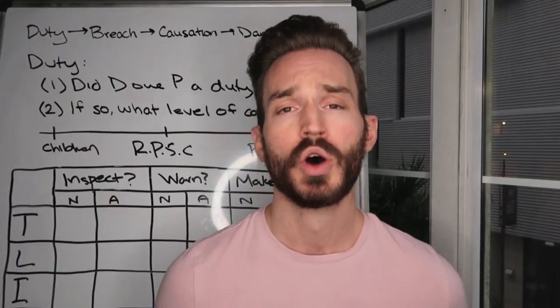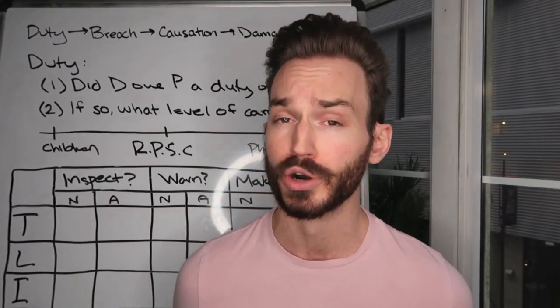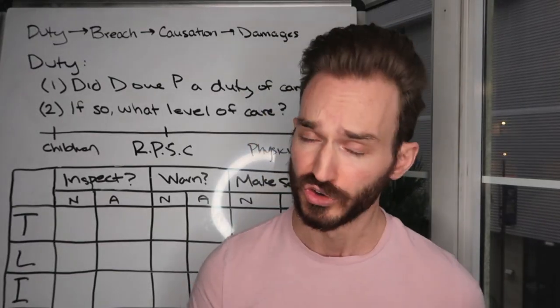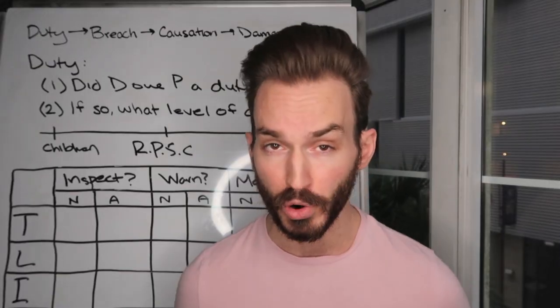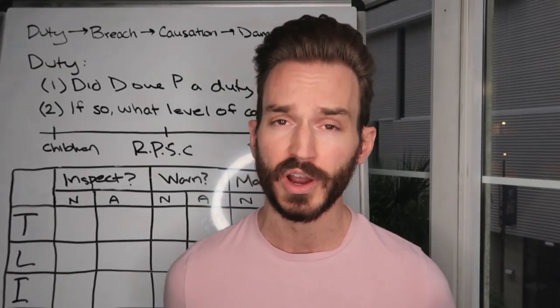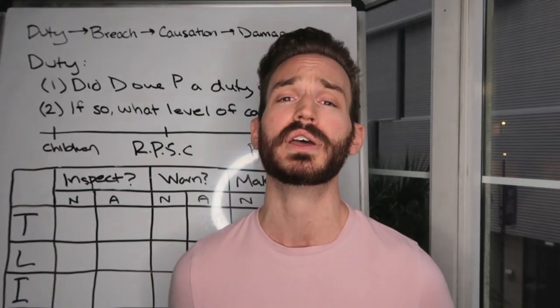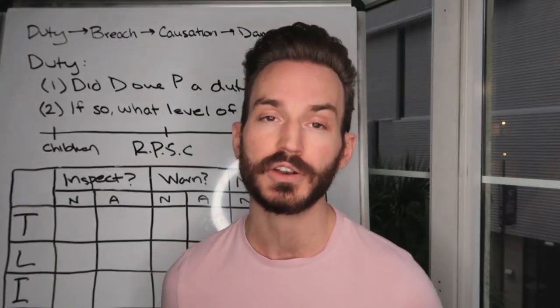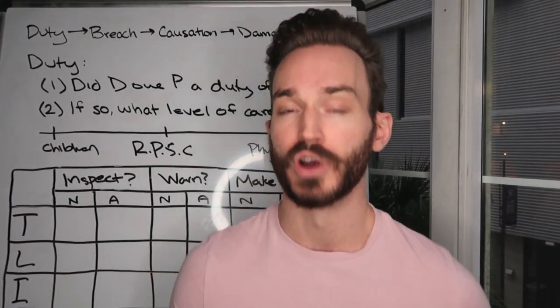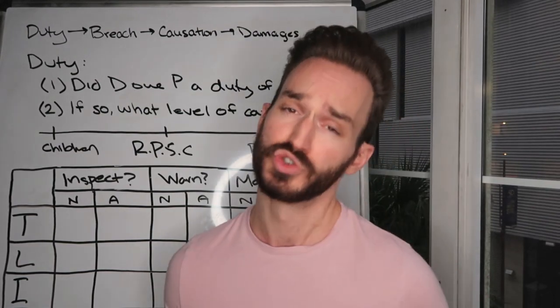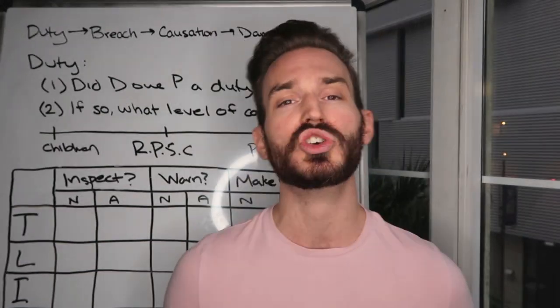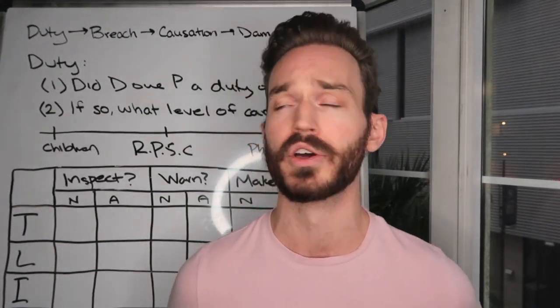With trespassers, we're only thinking about what are termed discovered trespassers, which is basically foreseeable trespassers. What's a foreseeable trespasser? The usual example of this is somebody who has trespassed on your land before. They're a known trespasser. That's why we say discovered trespasser. Somebody who keeps using your land over and over again.